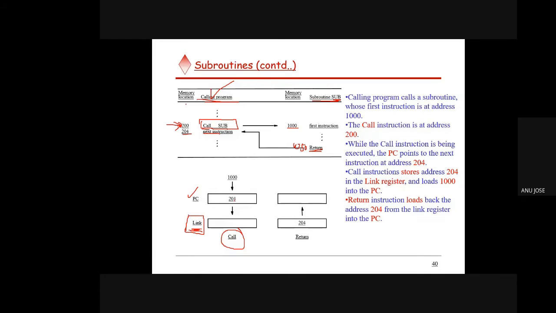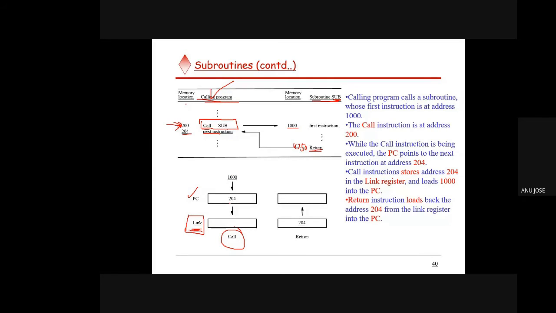So the program counter is loaded with 1000. These are the two operations that happen when you call a subroutine. One, the current program counter value is copied to the link register. Two, the subroutine address is loaded into the program counter. That means 204 is copied to the link register and 1000 is loaded into the program counter.